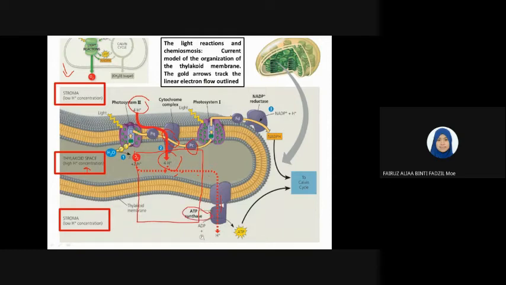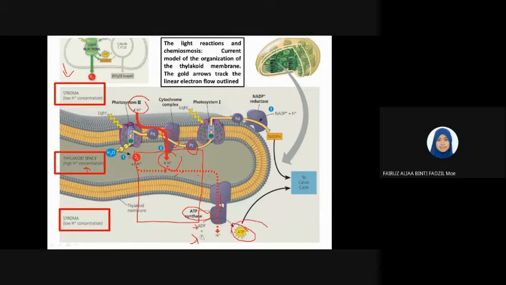And then you can see here, through this chemiosmosis, ATP is produced, just like what we learned in cellular respiration. The protons flow through this ATP synthase, and then you see here ADP is added with a phosphate group, then we get the ATP here. So this is what we call photophosphorylation.